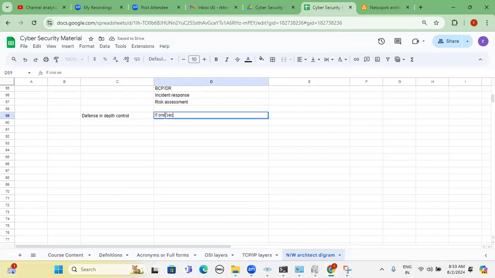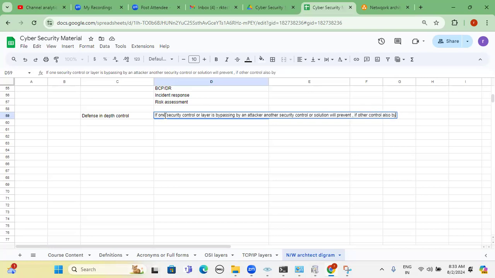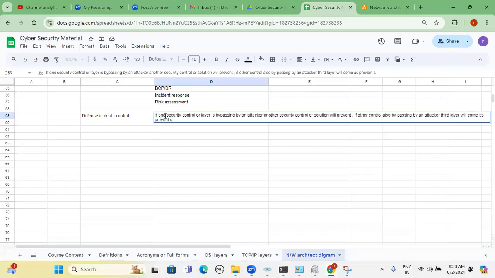If one security control or layer is bypassed by an attacker, another security control or solution will prevent it. If the other security control is also bypassed by an attacker, a third layer will come as a preventive solution.